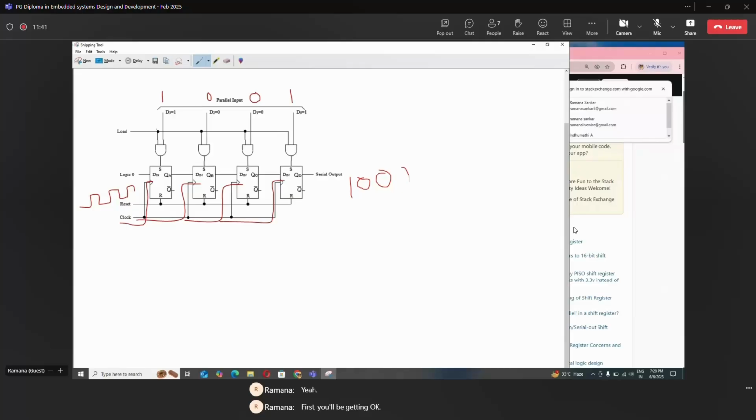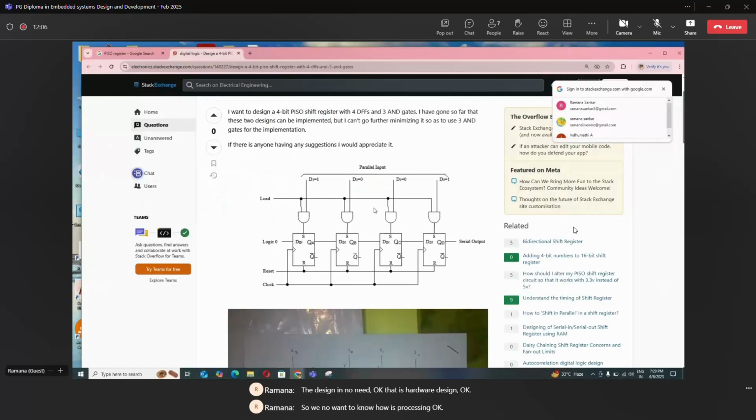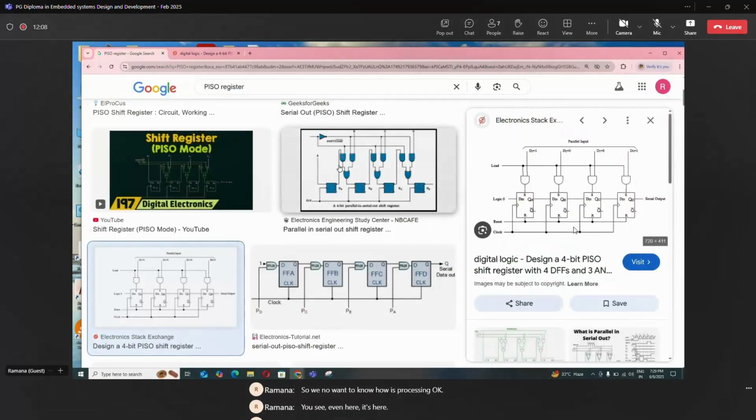So, see, here they have given the AND gate. Some design, simply they have given, they will be having 2:1 mux, okay. The design you no need, okay. That is hardware design, okay. So we want to know how it's processing, okay. Even here, can you see these 2 mux are used here? For simplify, they're using this one AND gate.